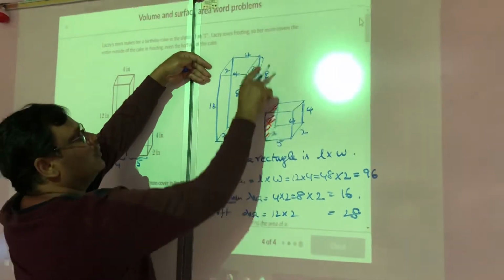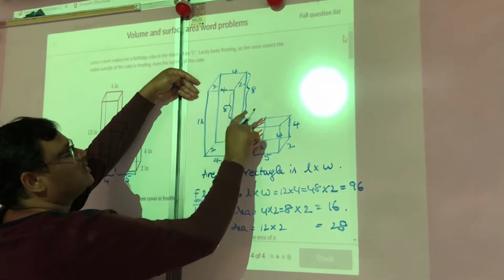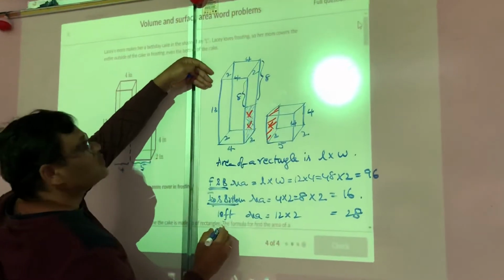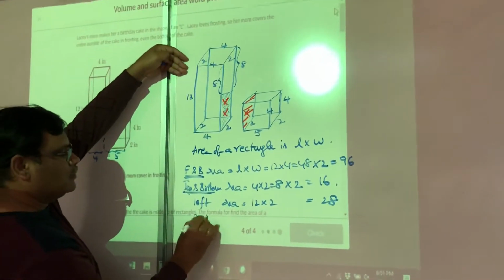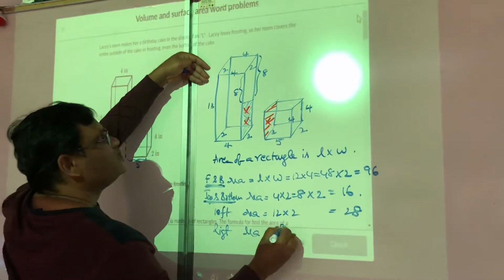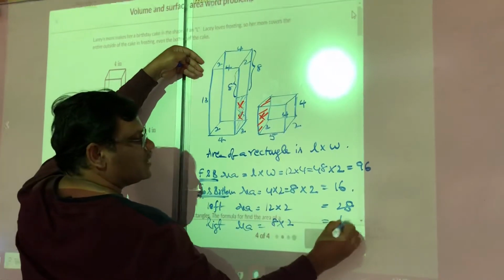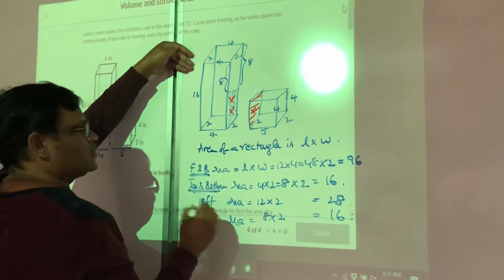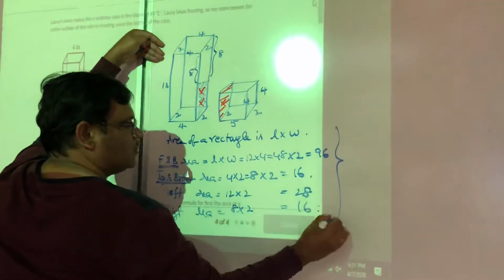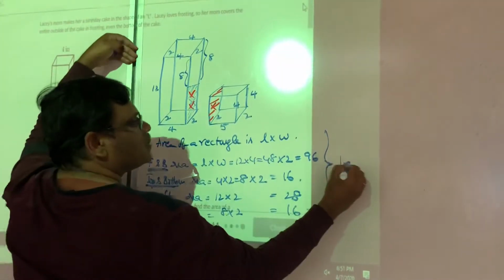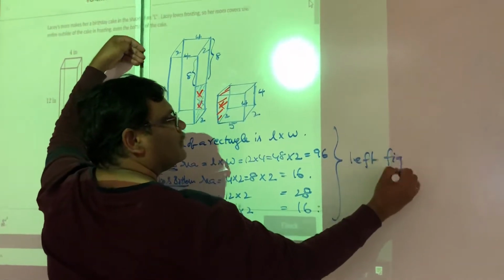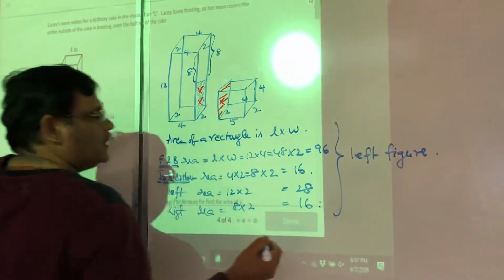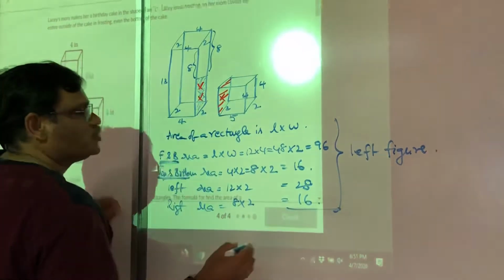I want to calculate only the area of this rectangle with the dimensions 8 and 2. So the right area equals 8 times 2, which is 16. So this whole thing is related to the left figure, right? Let me add all these and see how much I'm going to get.